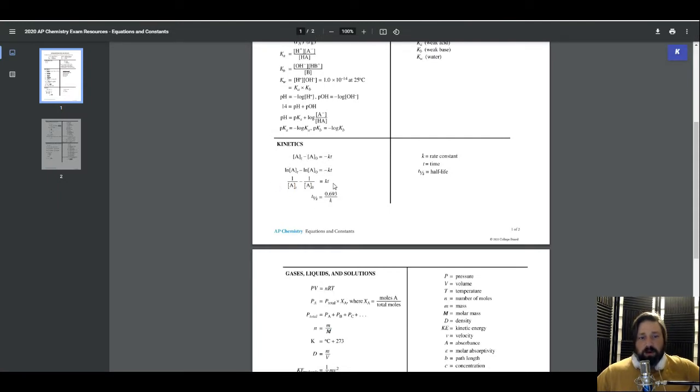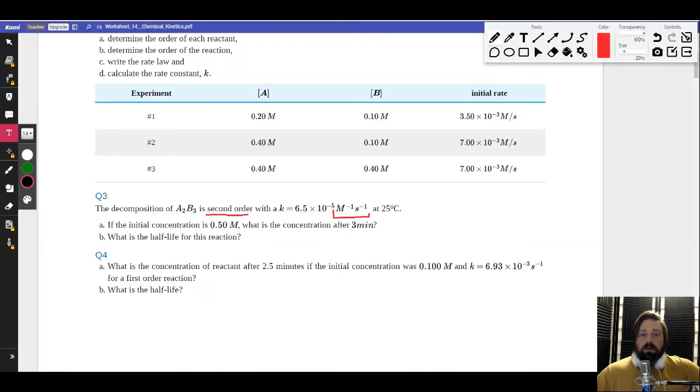This is the second order one, so this is the formula we're going to be using. Okay, awesome. All right, so we know that it's 1 over the concentration equals 1 over the concentration of A naught, oh I'm sorry, plus KT.